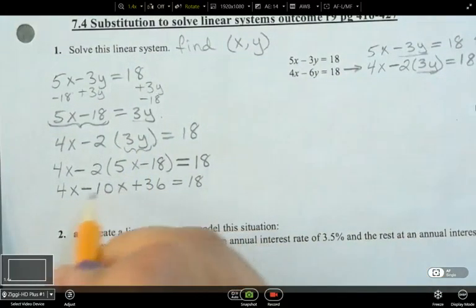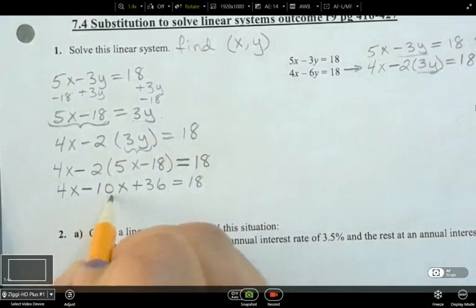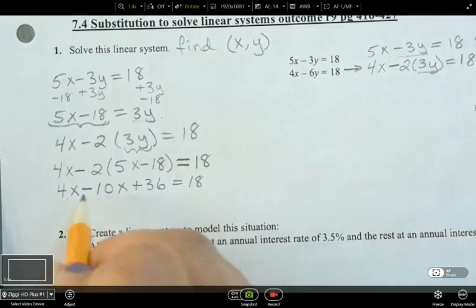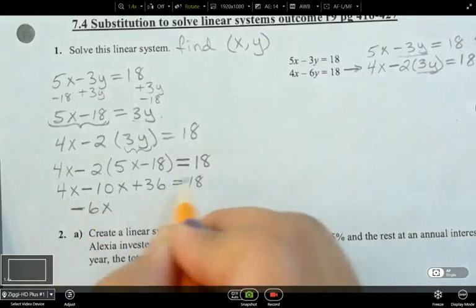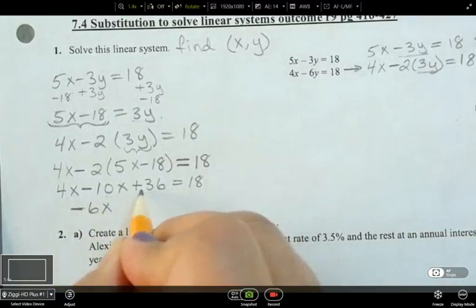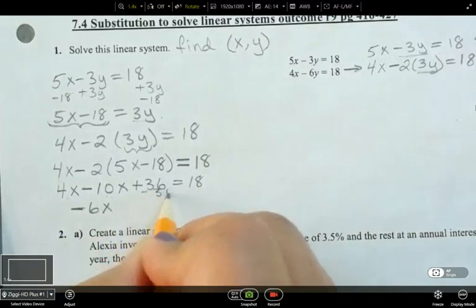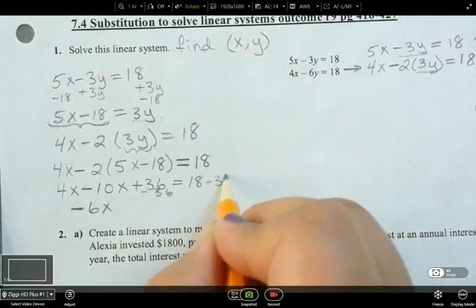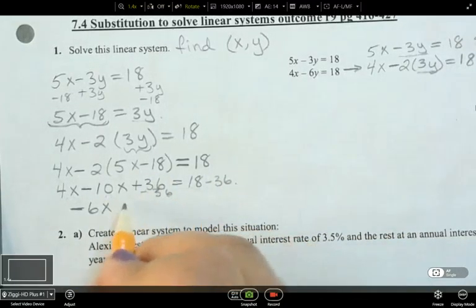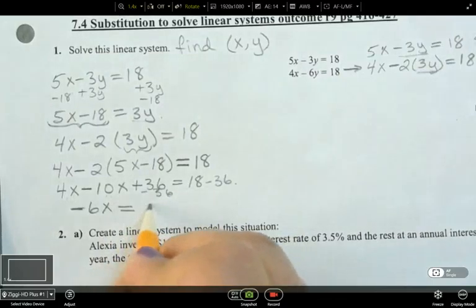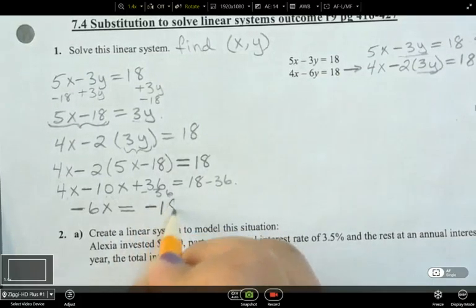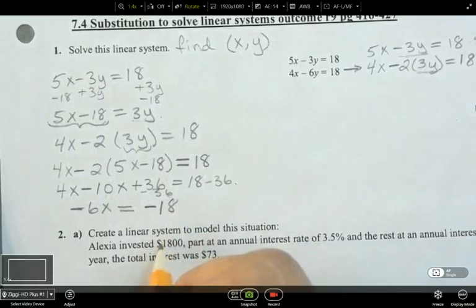Okay, so now over here, we notice we have, what are these guys called? Like terms, yep. So that's -6x. And do you guys mind if I just subtract 36 on both sides right now, up here, and then just write what it equals down here? So what do I get over here? -18.